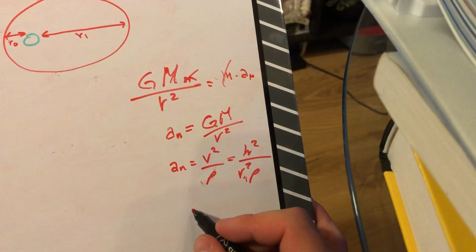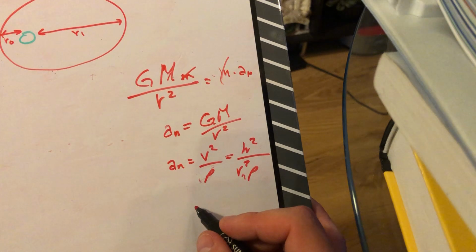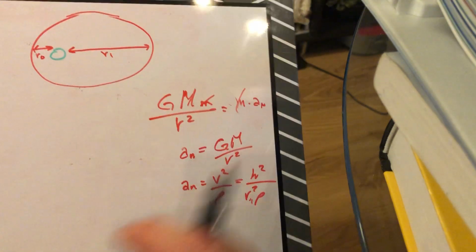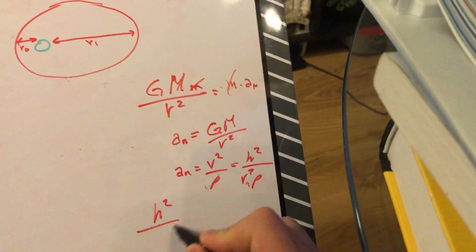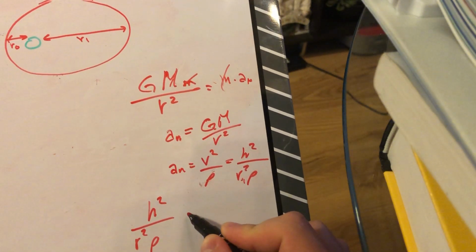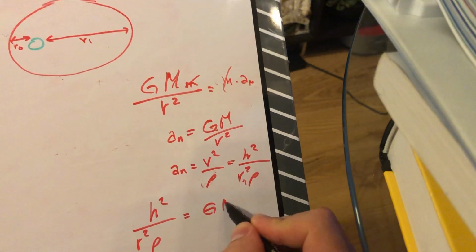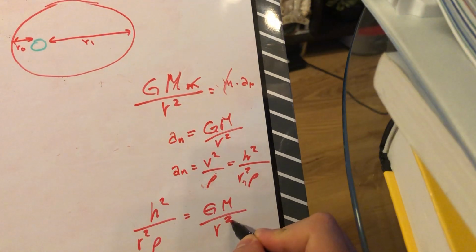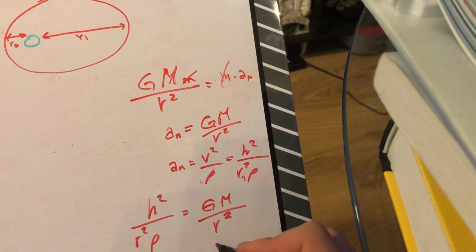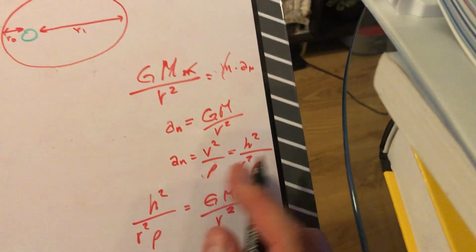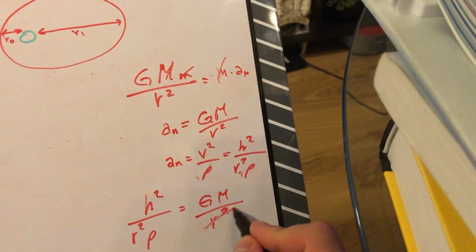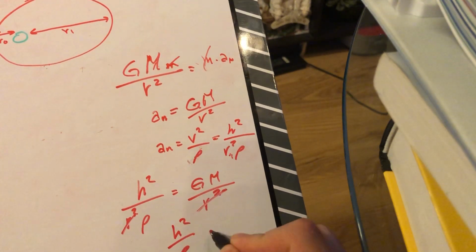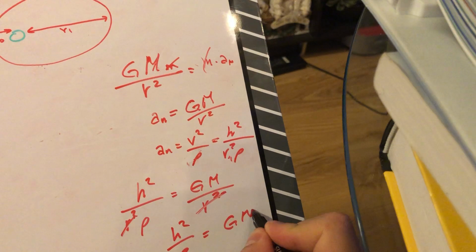Now, if we sub this statement into this statement, we're going to have angular momentum squared over r squared rho equal to gravitational constant times the mass of the big guy over r squared. And we multiply both sides by r squared, and we have now got angular momentum squared over rho is equal to GM.